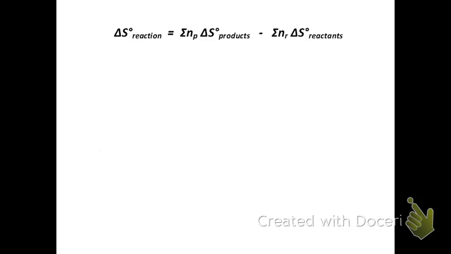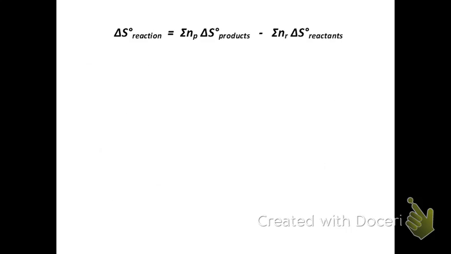Alright, the last thing we're going to look at is how do we calculate the entropy for a reaction. So now we can predict the sign, but how do we actually calculate the value? Well, the equation is something you should be somewhat familiar with. We've seen this with using delta H of a reaction before. This, though, instead of finding delta H, we're going to find delta S of the reaction.